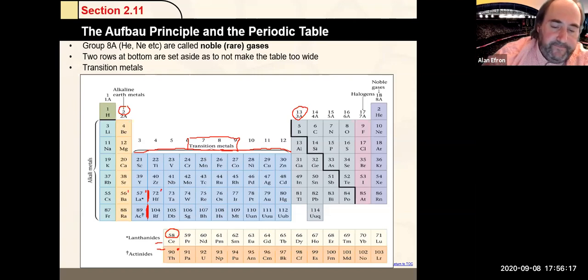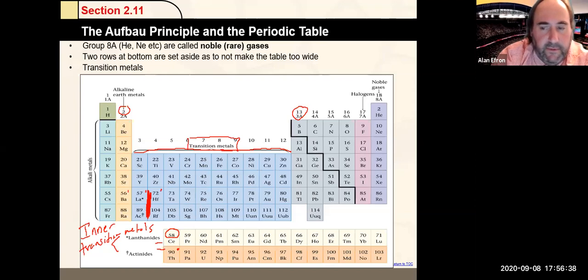And that is why these two rows down here, which technically go right into here, are also sometimes called the inner transition metals. That's because technically they should be hanging out right about there where the transition metals are.